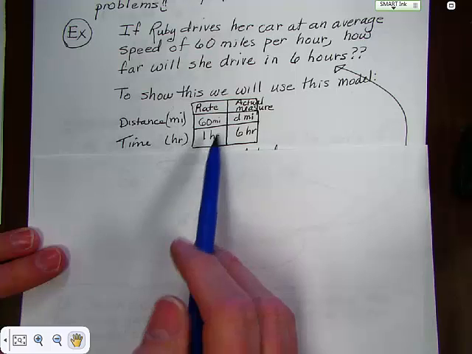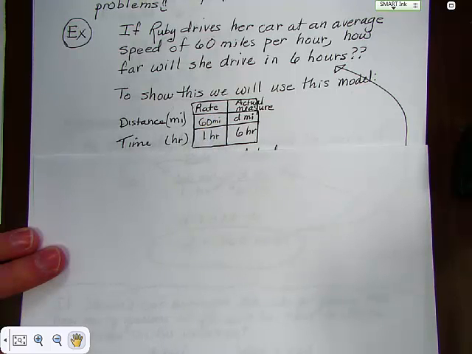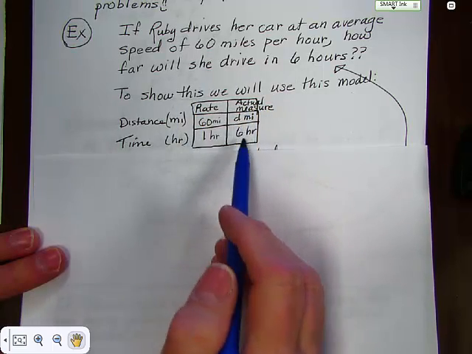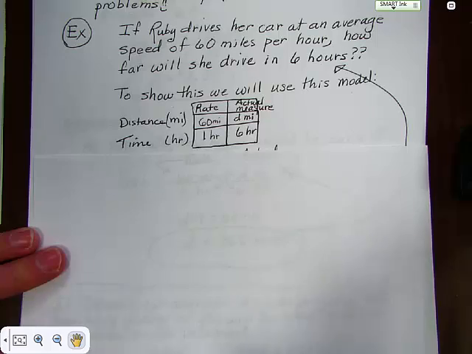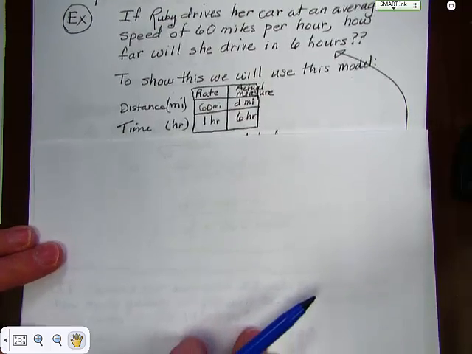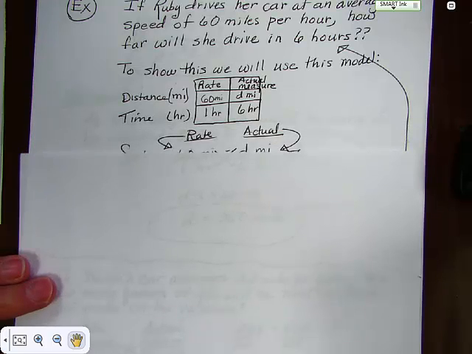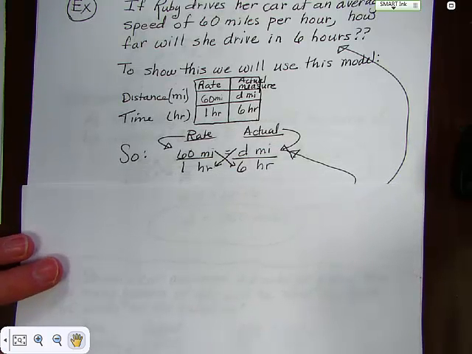This is the rate, which means miles per hour, gallons per mile, or whatever things you are measuring in rate. And then this is the actual measure. This is what you're looking for. I like that, but it ultimately comes down to this proportion.